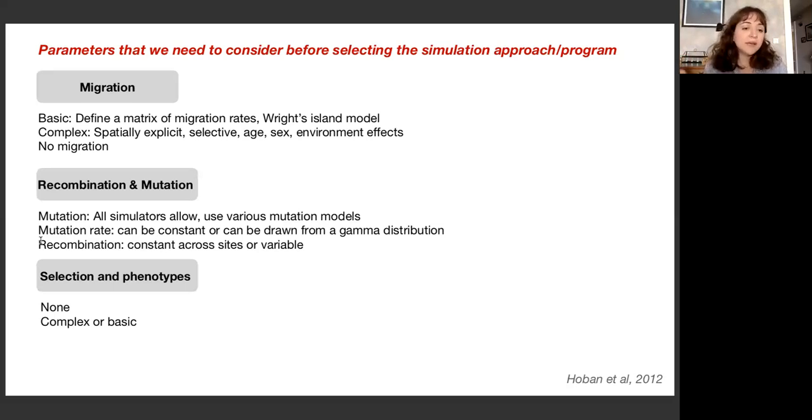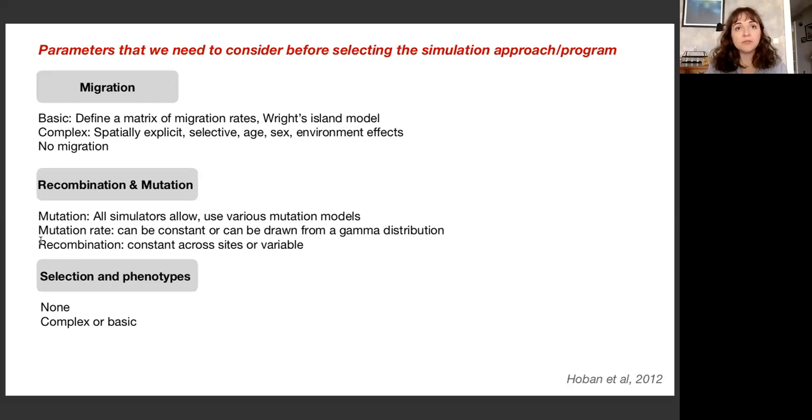In some simulators, recombination is allowed, and it can be constant across all the sites. If you simulate, for example, a 10 nucleotide long sequence, which is a very simple example, it is constant across all the sites, or it can vary between different parts of the chromosome. And in some other simulators, some of them allow selection and phenotypes, some of them not.